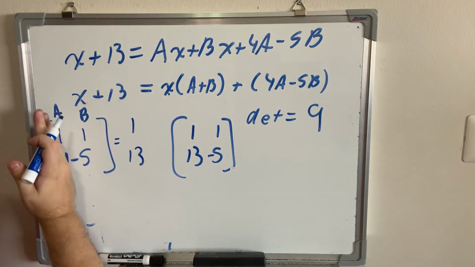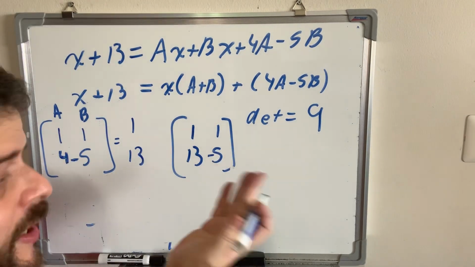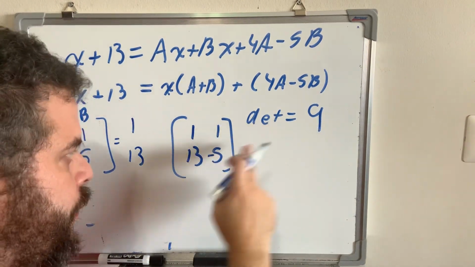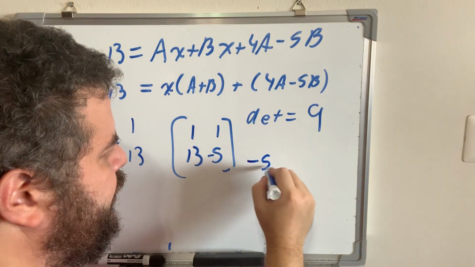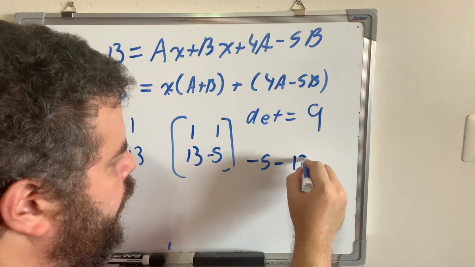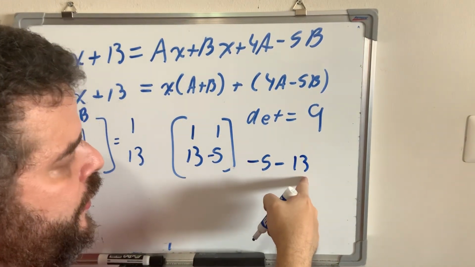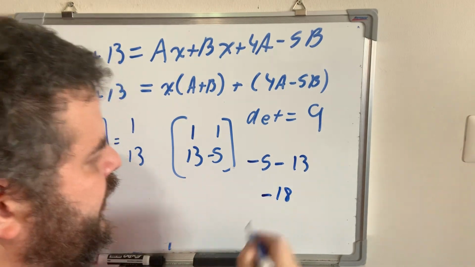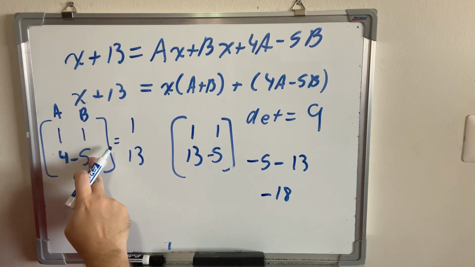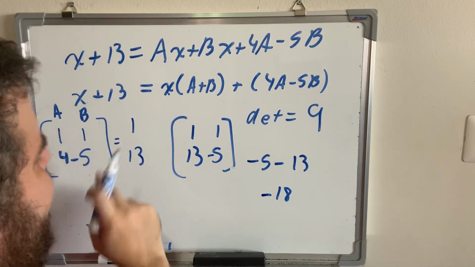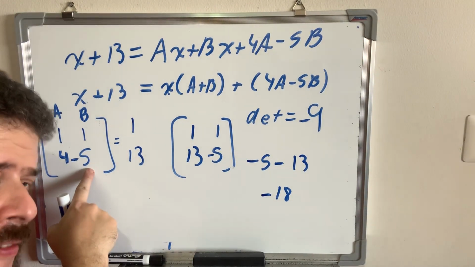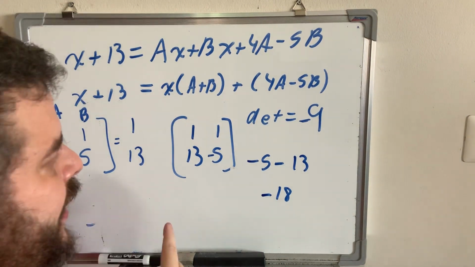So when I substitute the first column for the values that are equal to, for the answer, I'm going to find the new determinant and divide it by the original determinant. 1 times -5 is -5 minus 13 times 1, 13. -5 minus 13 is -18. -9. The determinant is -9, sorry. -9. 1 times -5, -5 minus 4 times 1, 4, -9.